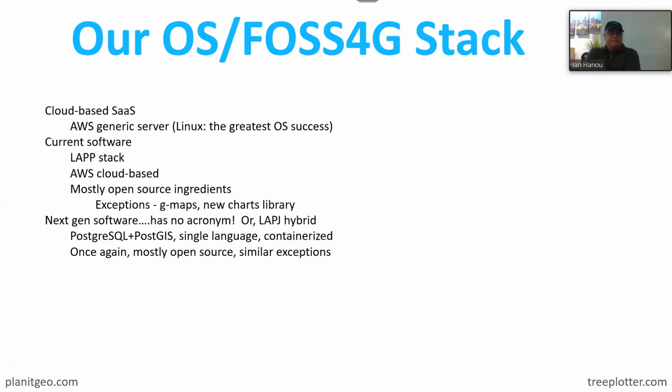It is cloud-based, and most of the ingredients, like Ian said, are open source. There's a couple of exceptions, and they are Google Maps and a chart library that we paid a few thousand dollars for. That's it, really.